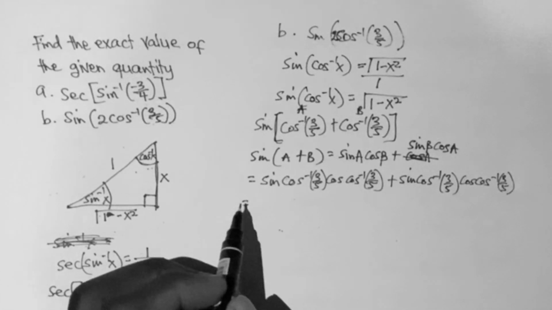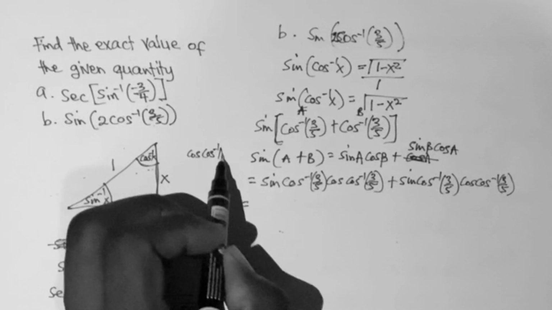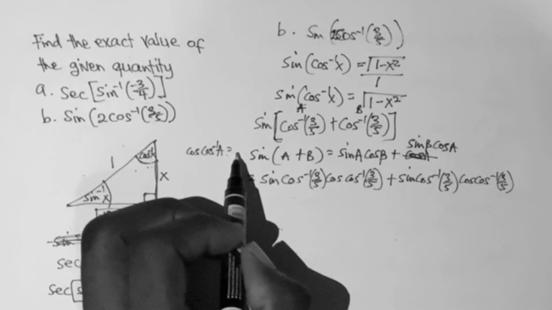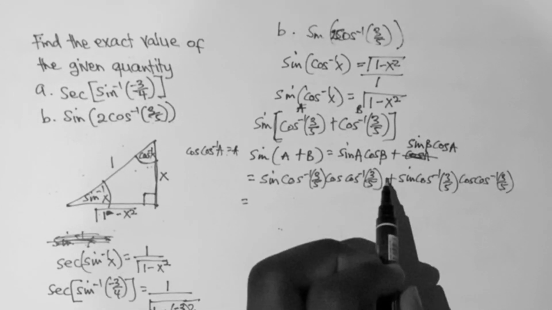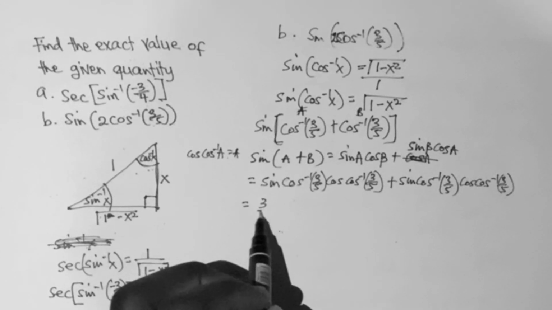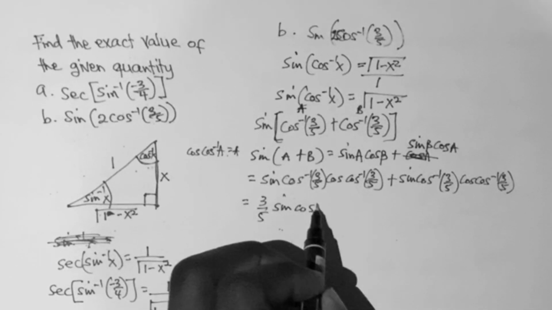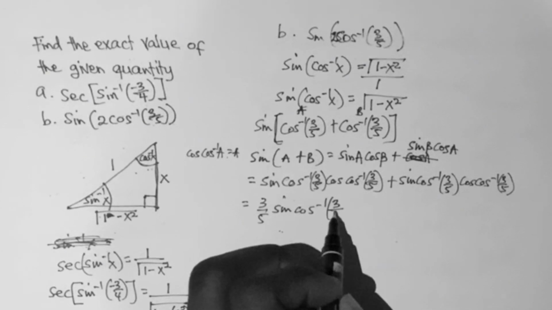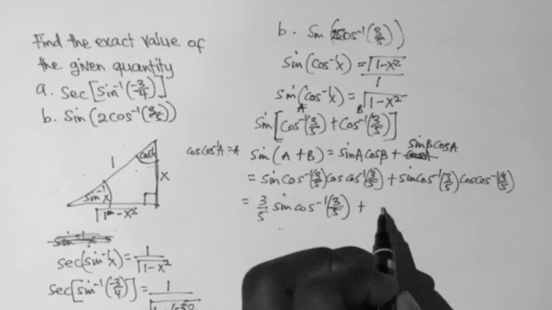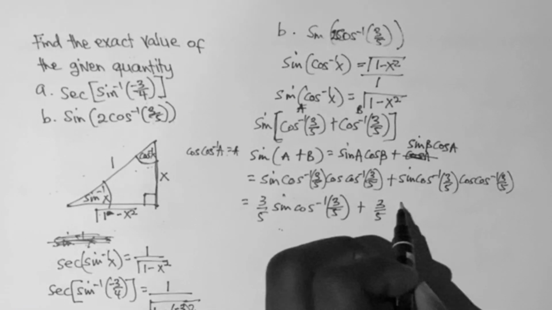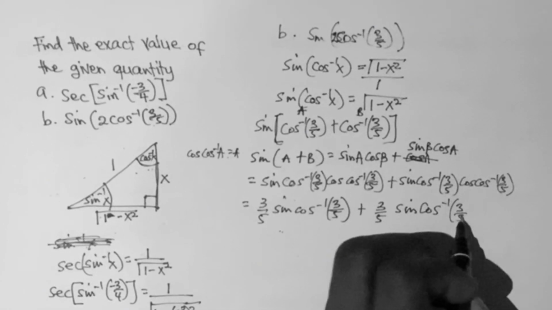So this is equal to, now cos of cos inverse of A is equal to A, and therefore here is cos of cos inverse of 3 over 5, so it's 3 over 5, then sine of cos inverse of 3 over 5, then plus, here it is the same thing, cos of cos inverse of 3 over 5 is 3 over 5, then sine of cos inverse of 3 over 5.